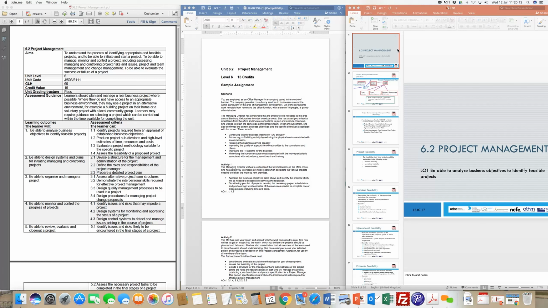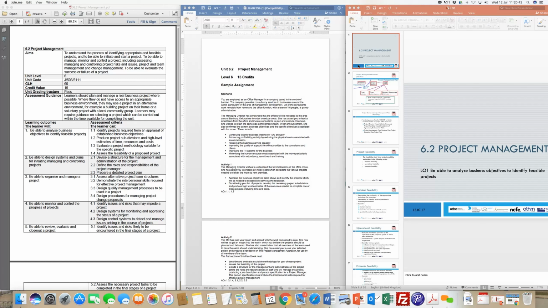So when we look at this unit, it will give you a very good understanding of how you manage tasks, how you manage multitasking, and how you are able to work on small projects which are given and then deliver them to make sure they meet the aims and objectives or guidelines set by the management.